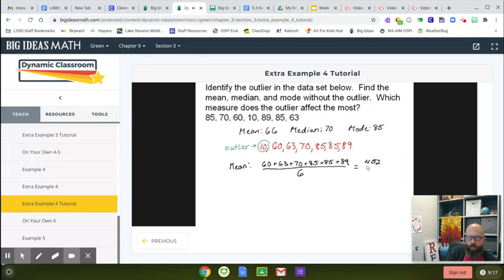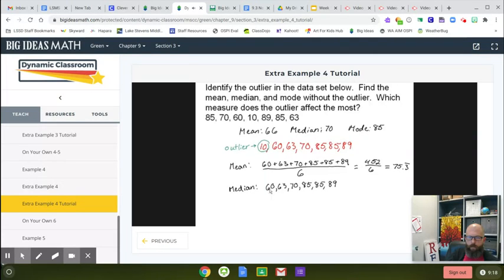Now let's find the median. First, order the data values from least to greatest. Next, cross out values from the left end and the right end until there are only 1 or 2 data values remaining. In this example, there are 2 data values remaining.